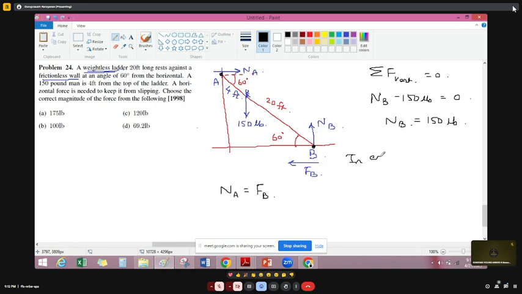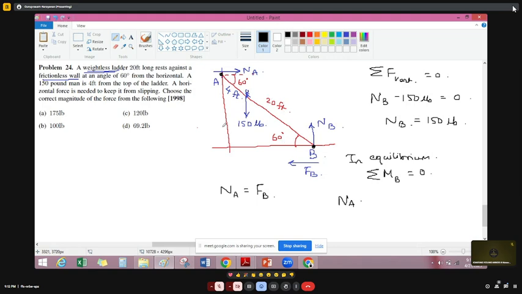Since they said it is in equilibrium, I can say sigma of the torque, or sigma of the moments about point B, is equal to 0. That means these two forces are passing through this point, so they become 0. And NA multiplied by this perpendicular distance.